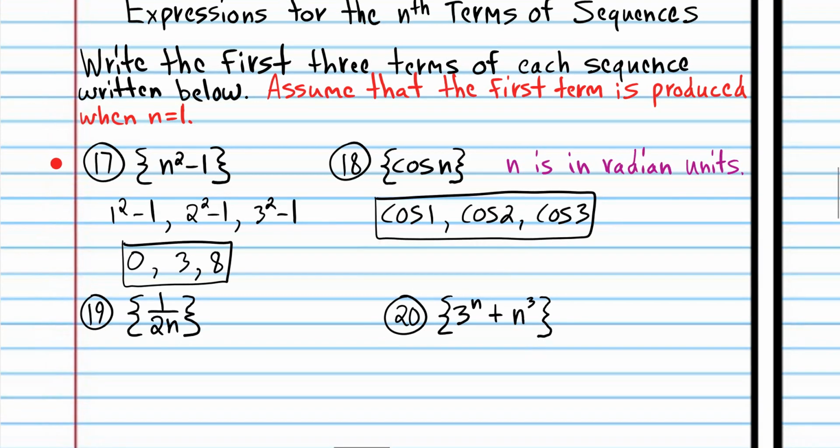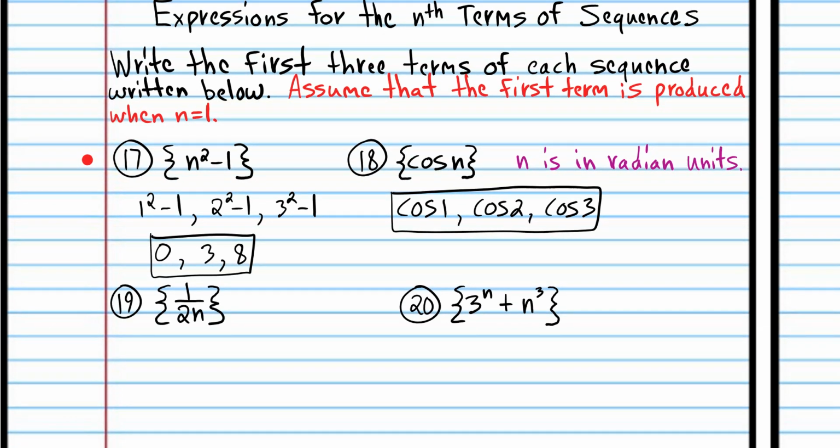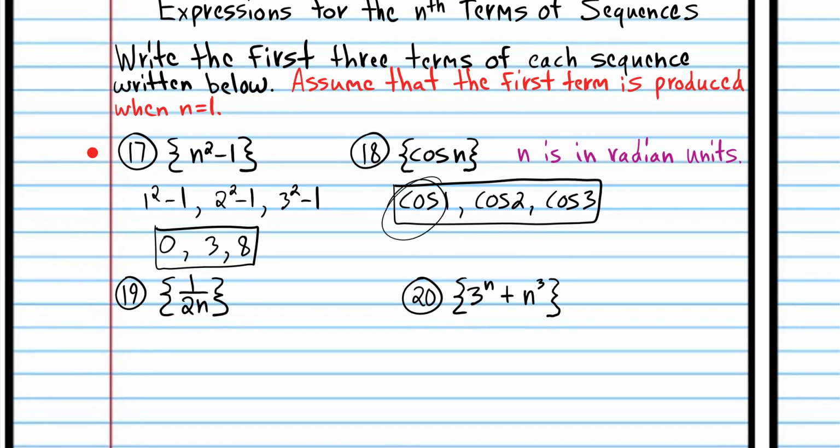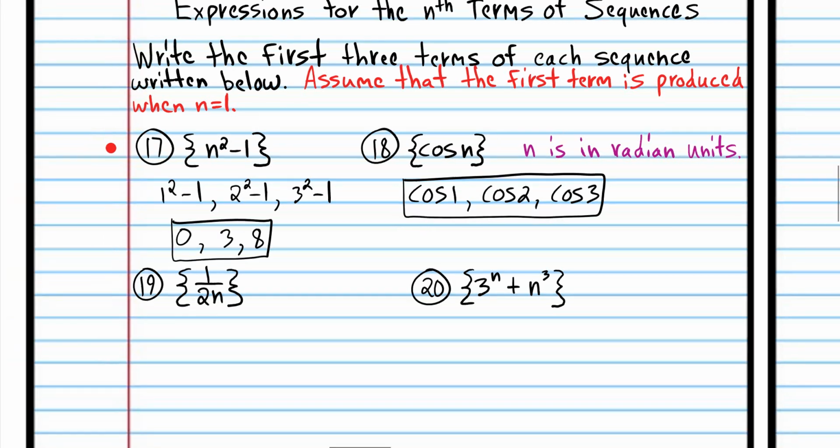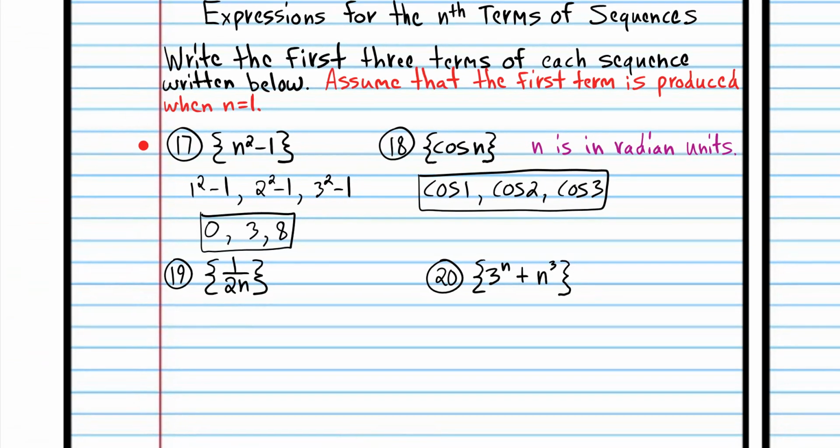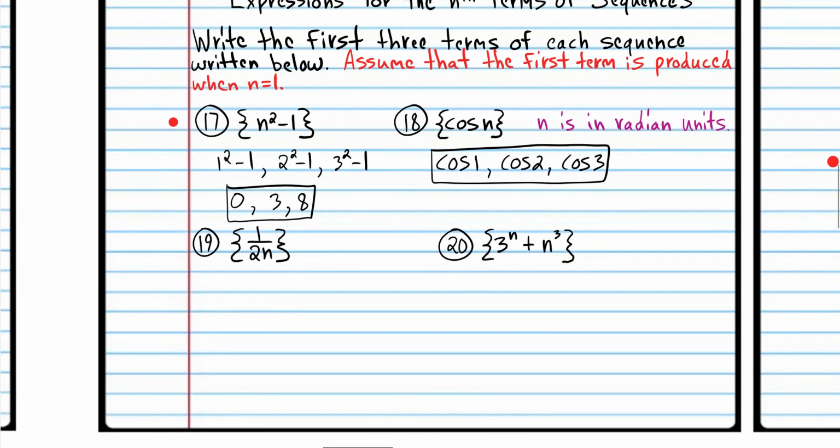So in upper math courses, typically we use radians. But if we calculate these expressions, they're going to be irrational numbers, or decimals that go on forever, that are non-repeating and non-terminating. So it's better to just leave the first three terms in that form.